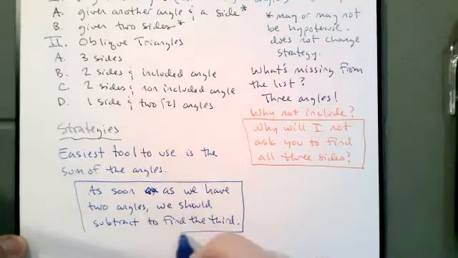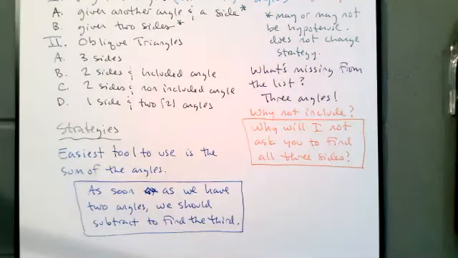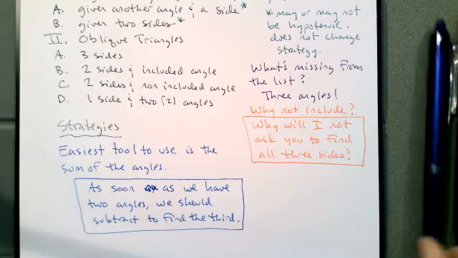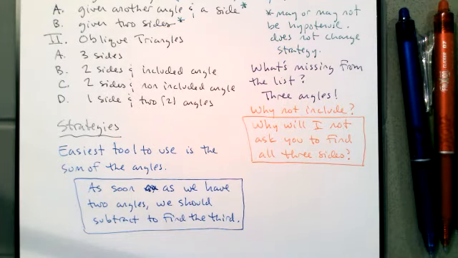The reason that we want this as a strategy is because it's the easiest way to get a new piece of information. As soon as we have two angles, we should subtract to find the third. And then we'll have an abundance of information, and we're 1/3 of the way to solving the triangle. That's the easiest one to use.